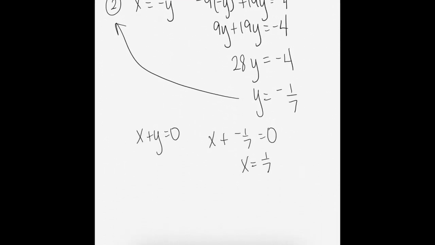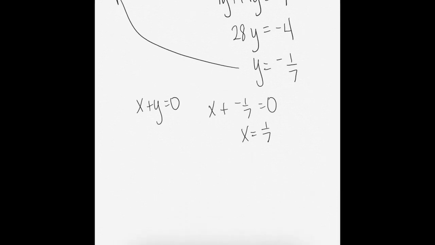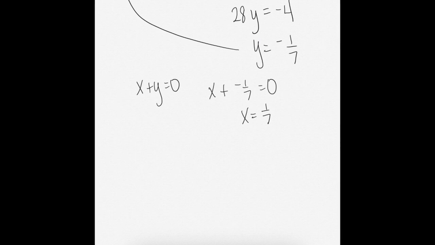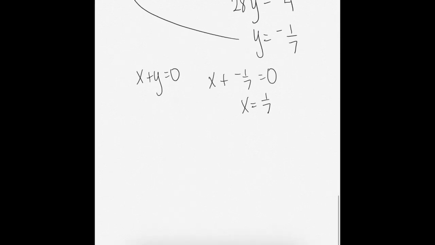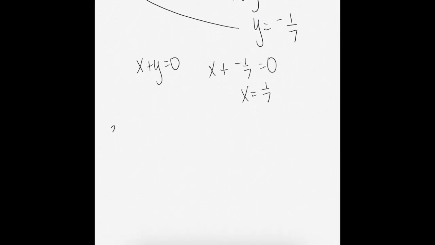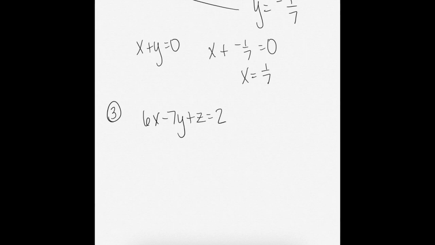Now we need to get z. So I'm going to take either equation 1 or equation 3 and solve it. I think I will do equation 3. I don't know that one is easier than the other. So equation 3 says 6x minus 7y plus z equals 2.